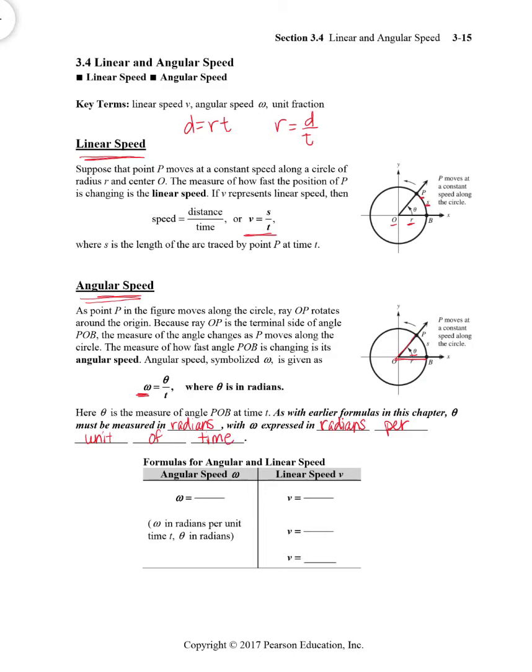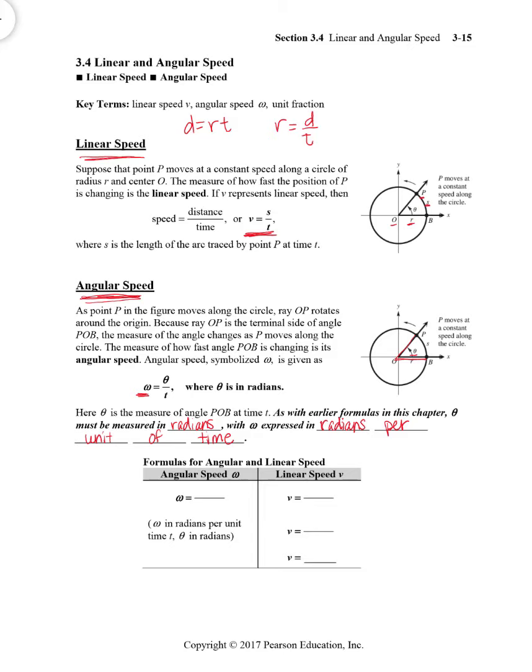So just so we can denote the difference, the linear speed is the change in s over t, and the angular speed is the change in theta over t.